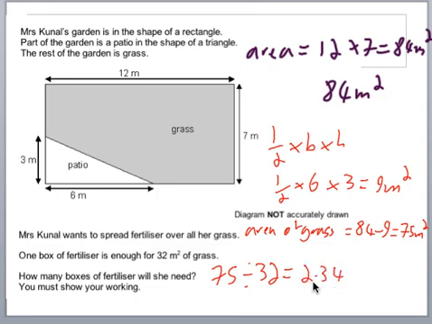Now I can't have 2.34 boxes, so therefore I must need a total of 3 boxes, because 3 boxes is going to be sufficient to cover it, 2 boxes wouldn't be.